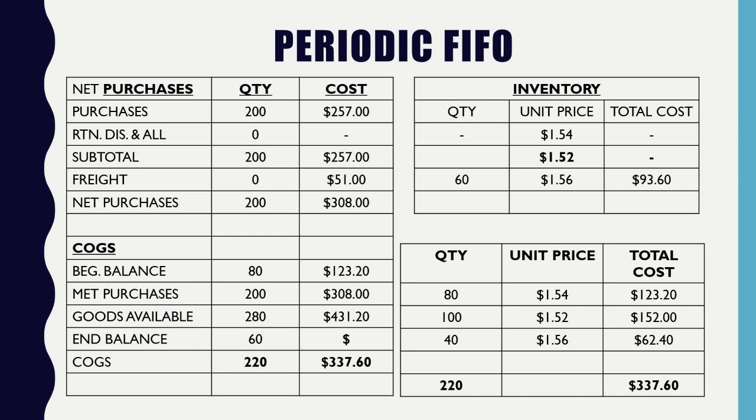Once again, we have two ways to solve for our ending inventory. You either take 60 times $1.56, or you can just take your goods available and subtract your cost of goods sold to get the exact number of $93.60.